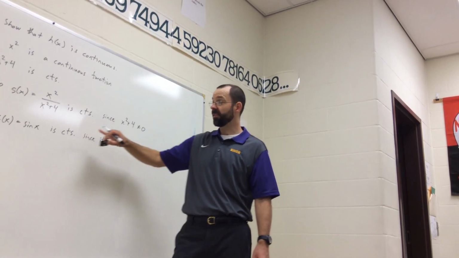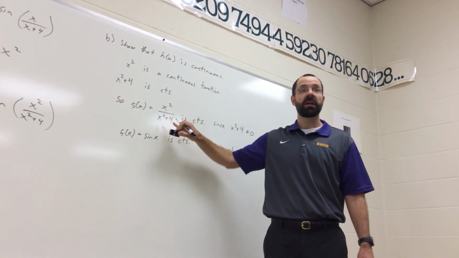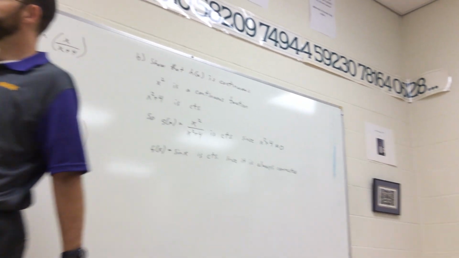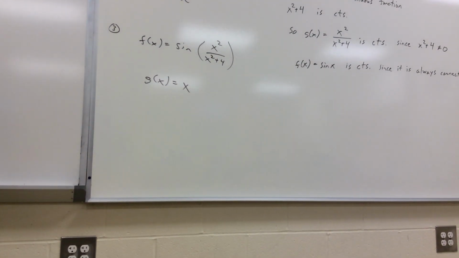Okay, so I have f of x that's continuous, and I have g of x that's continuous. And then I have this fact over here, which the book calls Theorem 7, that says if I have the inside function continuous and I have the outside function continuous, then the composition is continuous.